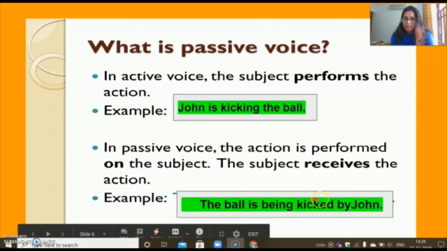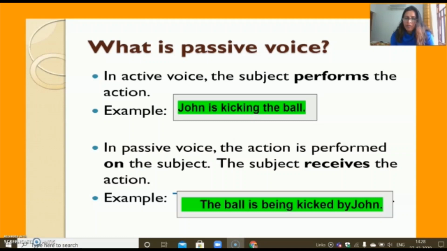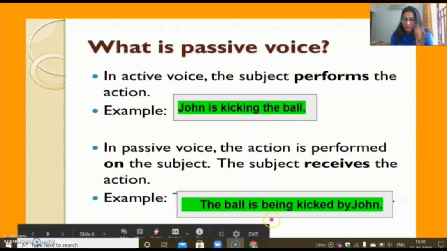So kicked is the past participle form of verb, and is is the to be form of verb, and being, we are adding being because the sentence of active voice is in present continuous tense, and because of the tense of the active voice we are adding being here, right? So the passive form of verb here is being kicked. I hope it is clear. So you have to keep all these points in mind when you are converting a sentence from active to passive. Now moving on to the next slide.